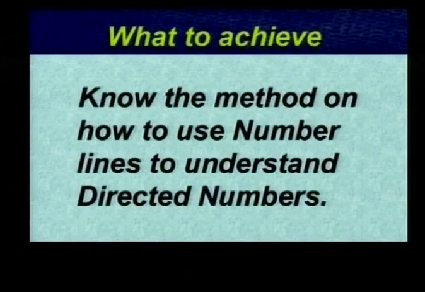Number one, we have to know the method of how to use number lines to understand directed numbers. That's the first thing that we have to learn, remember, and practice or apply in the activities yet to come.